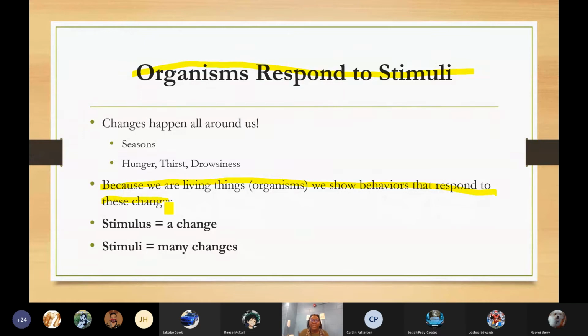There are changes that happen on the outside of us, like temperature and seasons changing, and then there are changes that happen inside of us, like hunger, thirst, or drowsiness. So it's extremely important that we understand that our bodies naturally respond to changes.